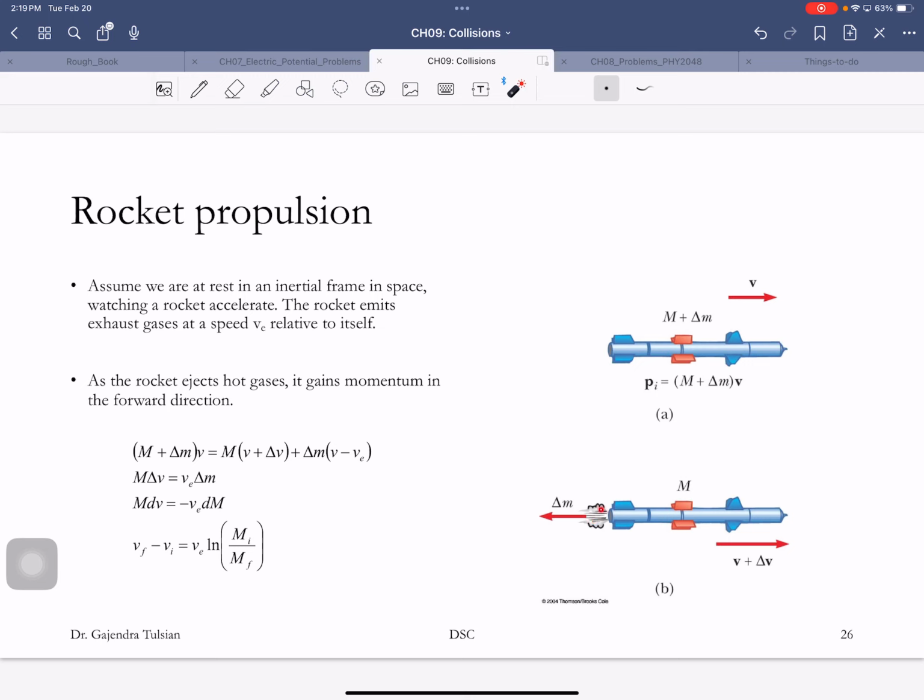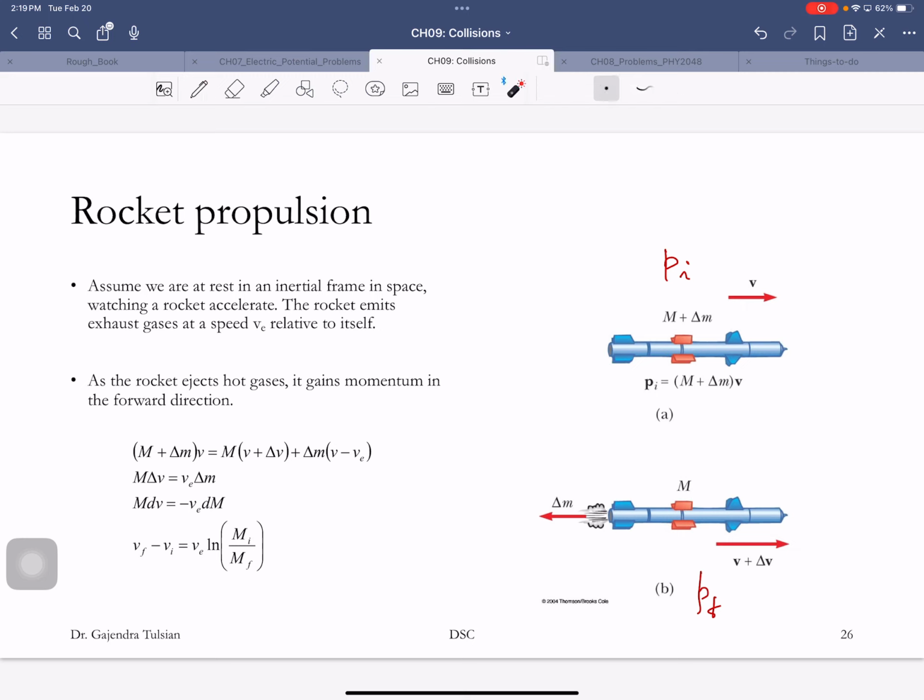So it sends out a mass of hot gases, and the remainder of the rocket is going faster. This is the momentum of the rocket before it spit stuff, and here is the momentum of the rocket after it's spit. But this momentum is equal to this momentum.